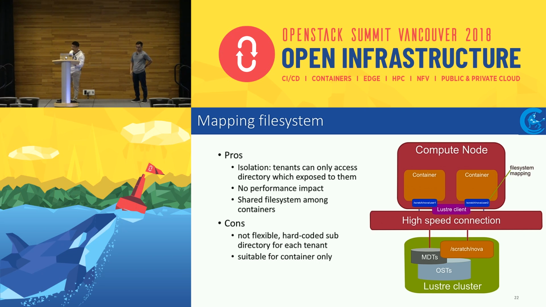There is almost no performance loss. HPC applications can run on the mapped shared file system as on their own host. The user can only access the directory which is exposed to them. The only disadvantage is that it's not so flexible. A subdirectory is carved out for each tenant, so it may only be suitable for containers.